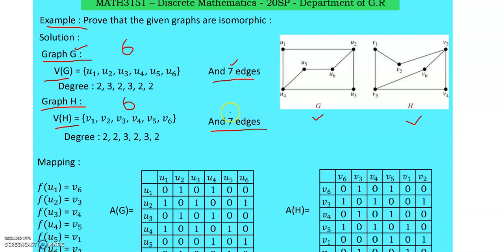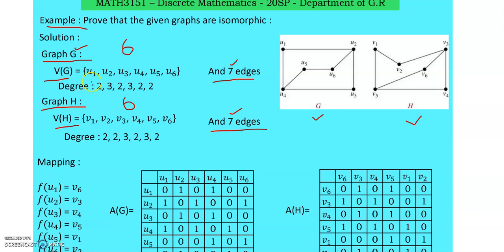Similarly, the number of edges in the graph H is also 7. Now we can form the function from the graph G into H. We can form the function for vertices and we can form the function for edges. Before that, we have to check one more condition.